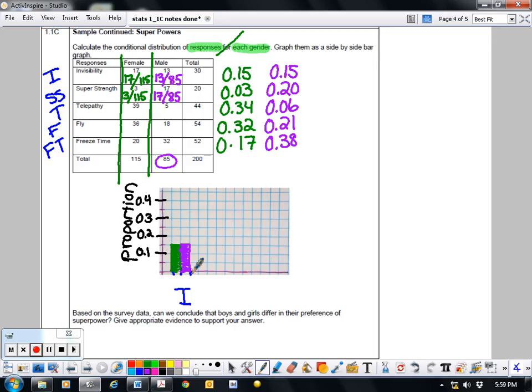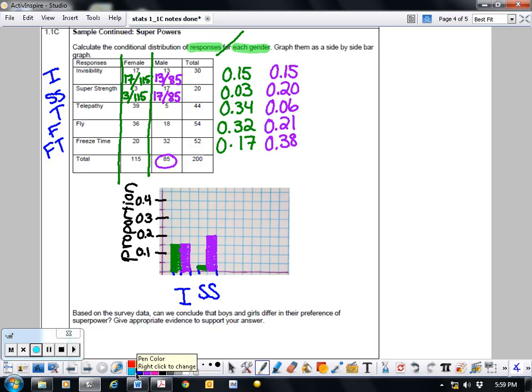Then I would move on to my next category, which is super strength. For super strength, it's 0.03 for females, and then 0.20 for males. Big difference between those.